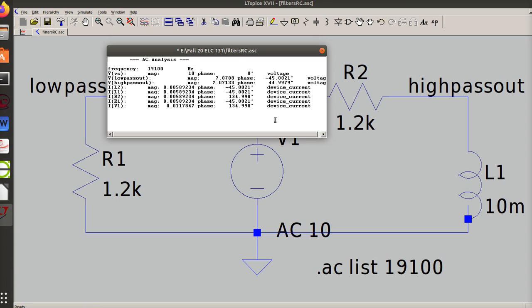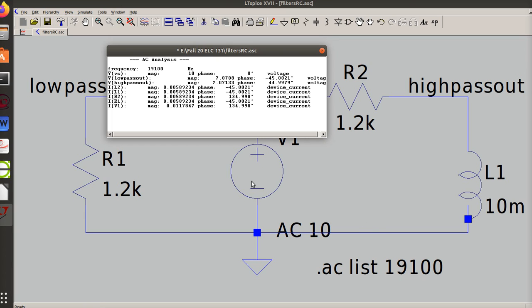If you build this in the real world, you would probably have to adjust the frequency a little bit to get to 71% or 7.1 volts because of the actual internal resistance. And in SPICE, you can go in and put internal resistance in your inductor if you wish to. So you have a lot of capability in LT SPICE we're not using.